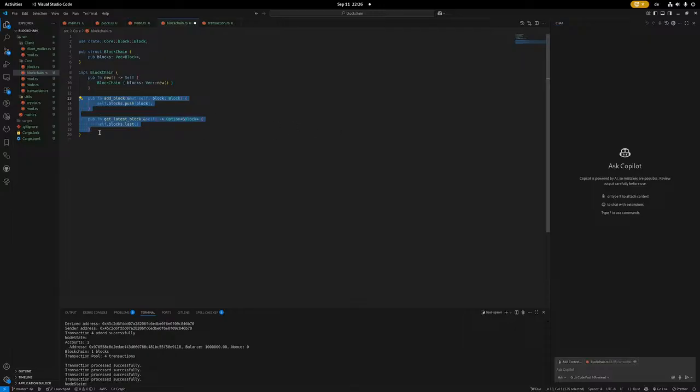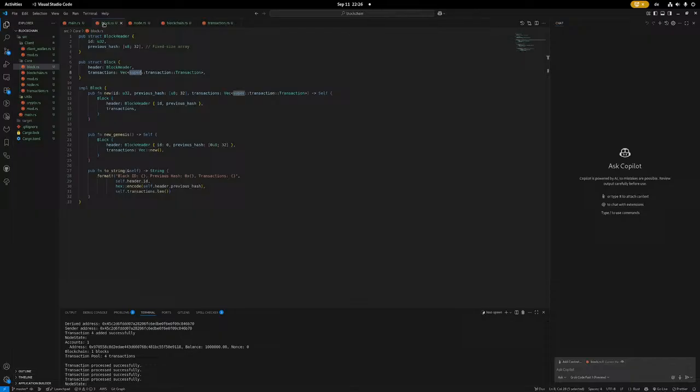So, add block, get latest block. A block contains transactions, and I think the transactions are not contained as a vector, but I guess as a tree or some structure.